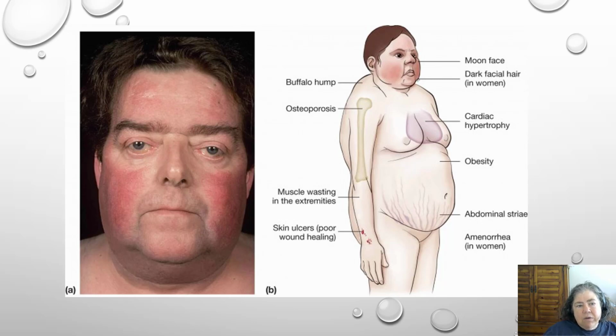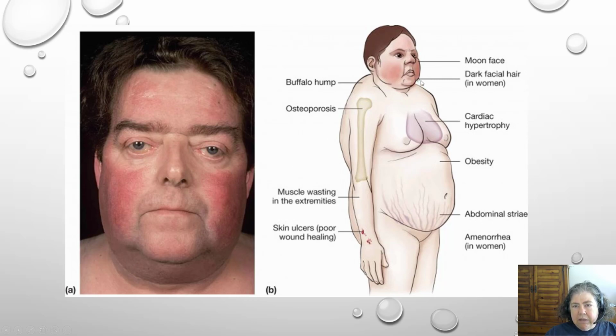These are diagrams of individuals, or a picture and a diagram of individuals with Cushing syndrome or disease, the moon facies, round face, often flushing.